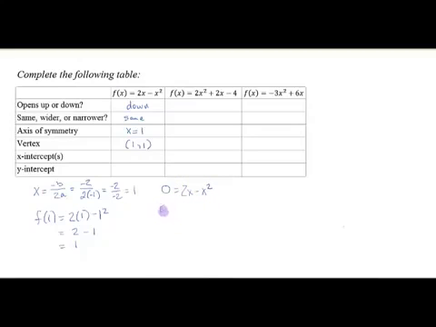So 0 equals, I'm going to factor out an x, and that gives me 2 minus x. So x equals 0 here, and x equals positive 2 here. So I have two x-intercepts of 0, 0, and 2, 0.